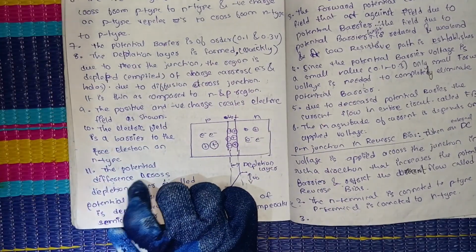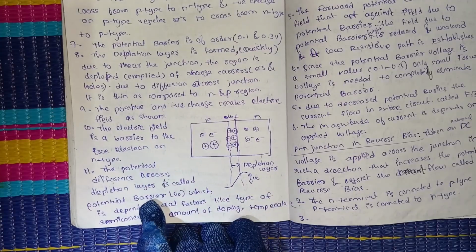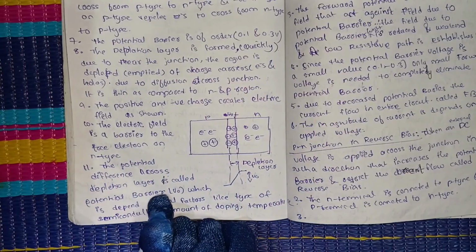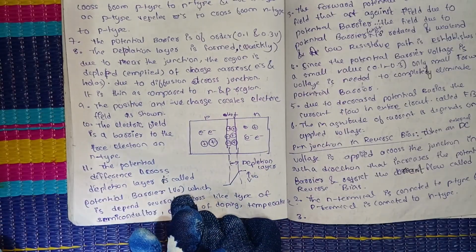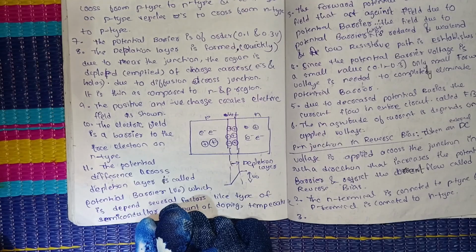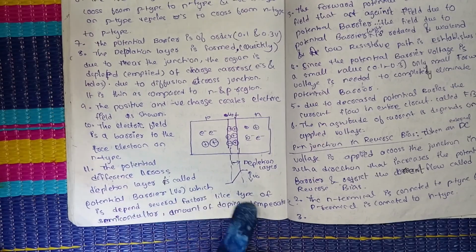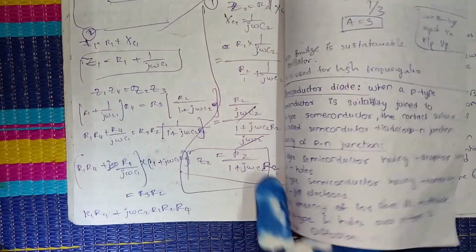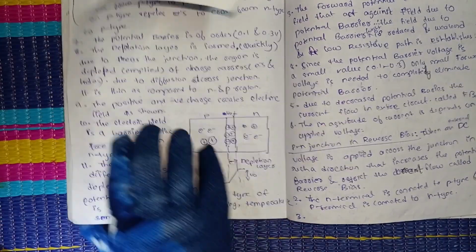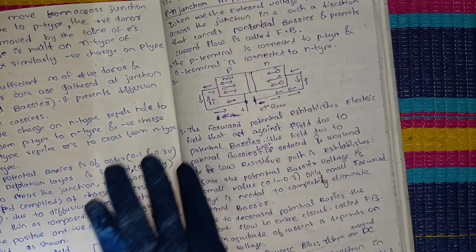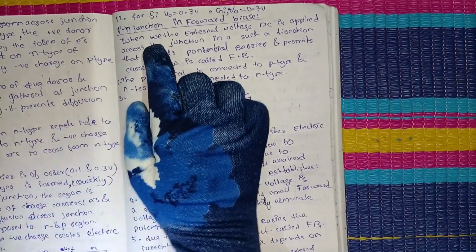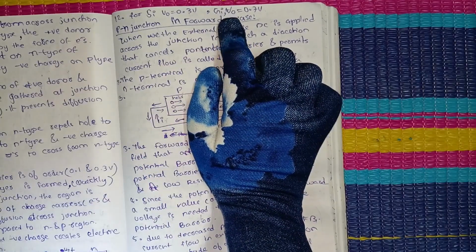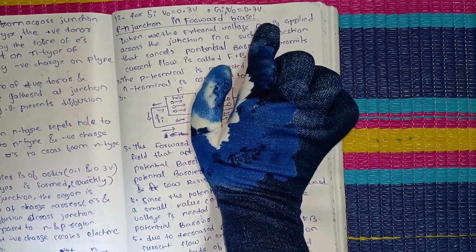The potential difference across the depletion layer is called potential barrier, which is denoted by V0, which is dependent on several factors like type of semiconductor, amount of doping and temperature. So for silicon, V0 is equal to 0.3 volts, and for germanium, V0 is equal to 0.7 volts.